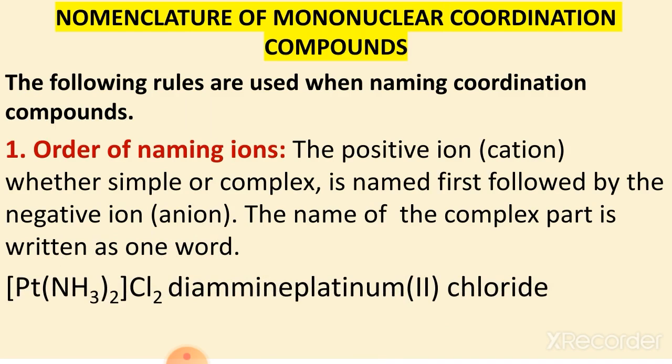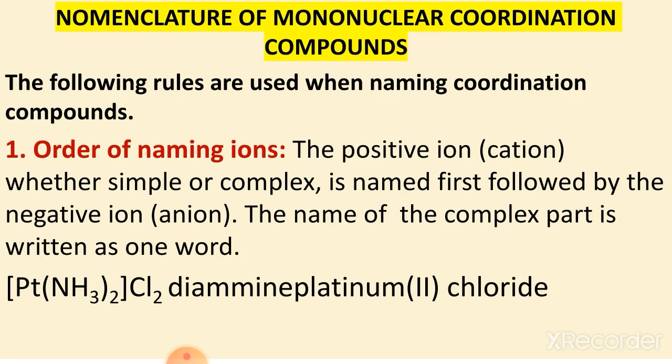Look at the example here, [Pt(NH3)2]Cl2. So first of all, the complex ion is the positive part here, so we have to write the name of this positive part first. And one more thing we noted down, that the complex part is written as one word.